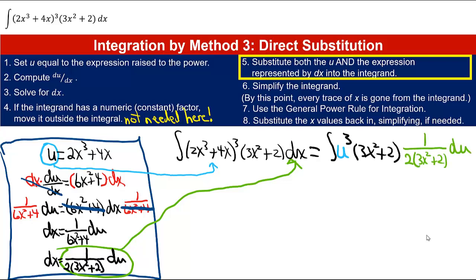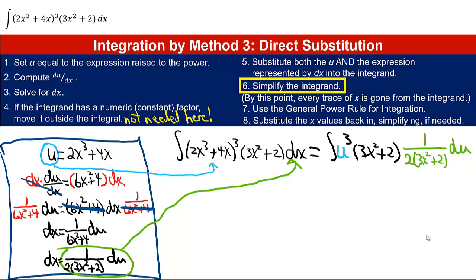And when I do that, something nice happens that'll allow us to do step 6, which is to simplify the integrand. What's nice about this is that there's a 3x squared plus 2 that divides out of that integrand. And at this point, what you've done is remove all the x's from the integrand, which is what you want to do. Continuing to simplify it, you'll notice there's a 1/2 factor that can be moved out front.